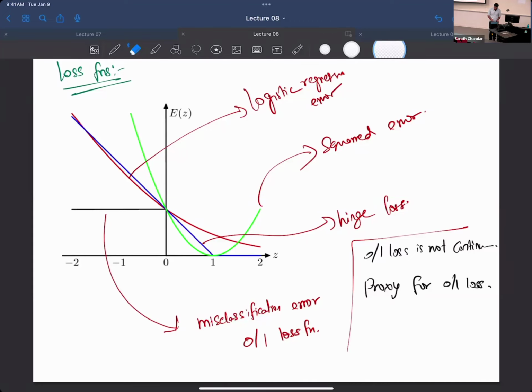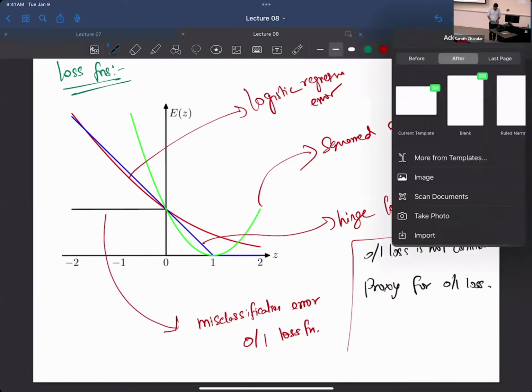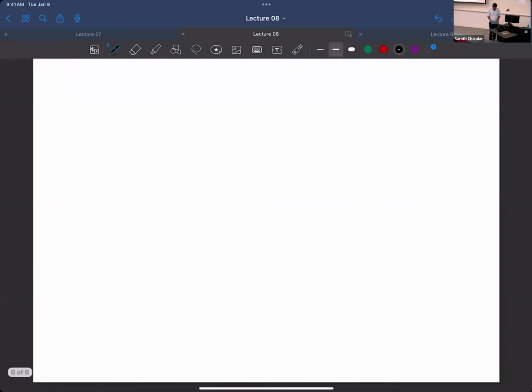So now let's also talk about another way of classifying machine learning algorithms, which is basically through the lens of parametric versus non-parametric methods.